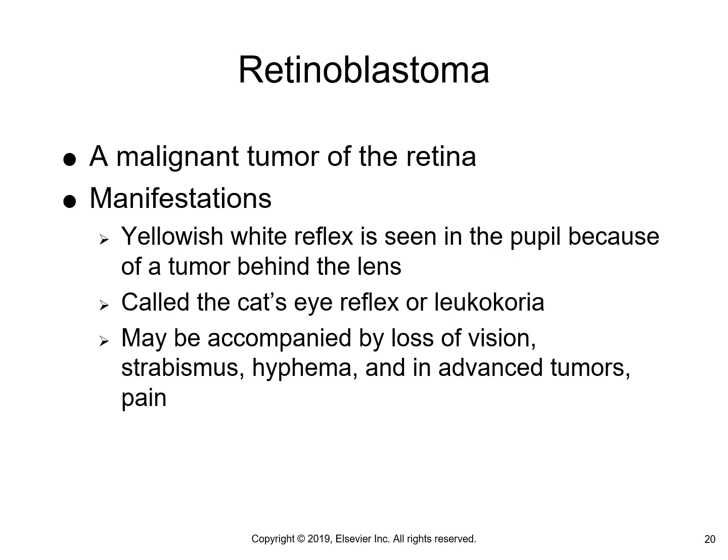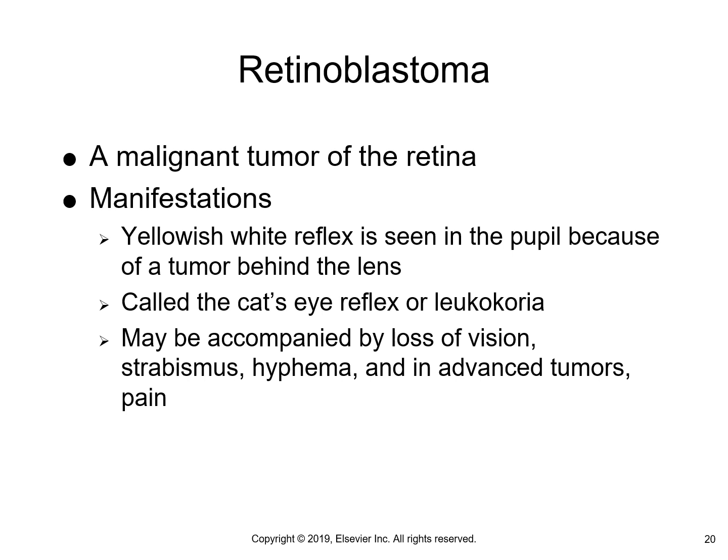Like I mentioned, small tumors we can treat with laser photocoagulation, destroying the blood vessels that supply the tumor. Larger tumors can be treated with systemic chemotherapy followed by laser therapy or cryotherapy.